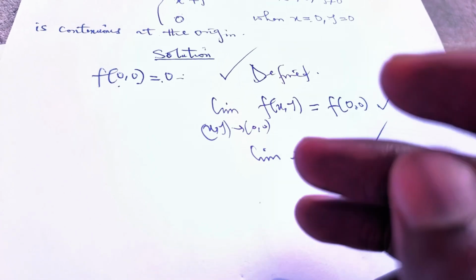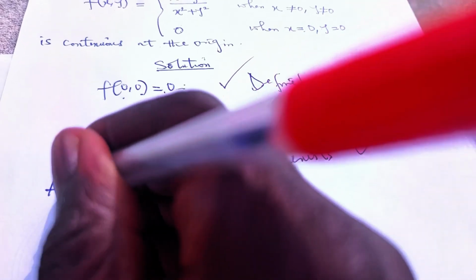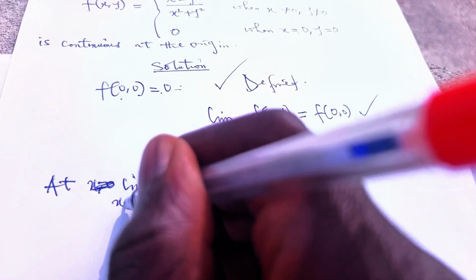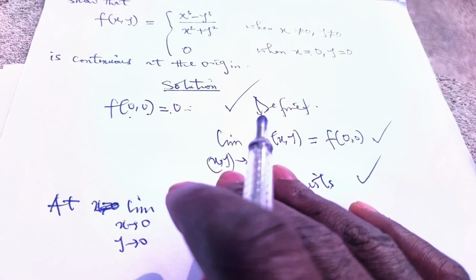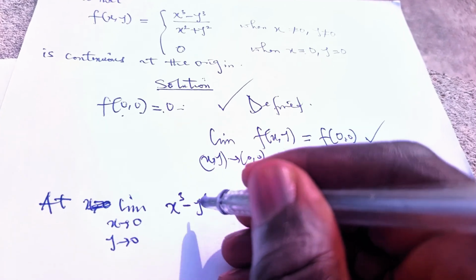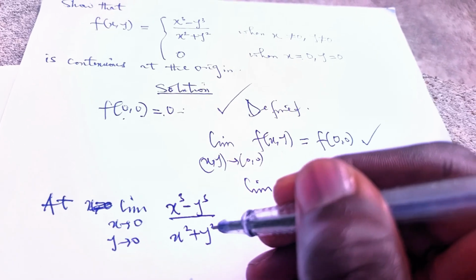So let's take the limit of f as x tends to 0 and y tends to 0 of the function (x cubed minus y cubed) all over (x squared plus y squared).